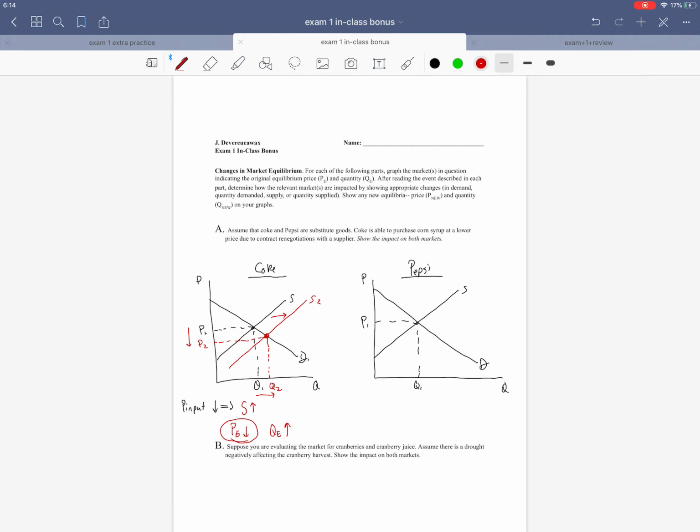Now, if Coke and Pepsi are substitutes, since the price of Coca-Cola decreased, so the price of a substitute decreased, that's going to lead to a decrease in demand for Pepsi. Decrease in demand is going to be a leftward shift of our demand curve. Find our new equilibrium point. So P2 and Q2.